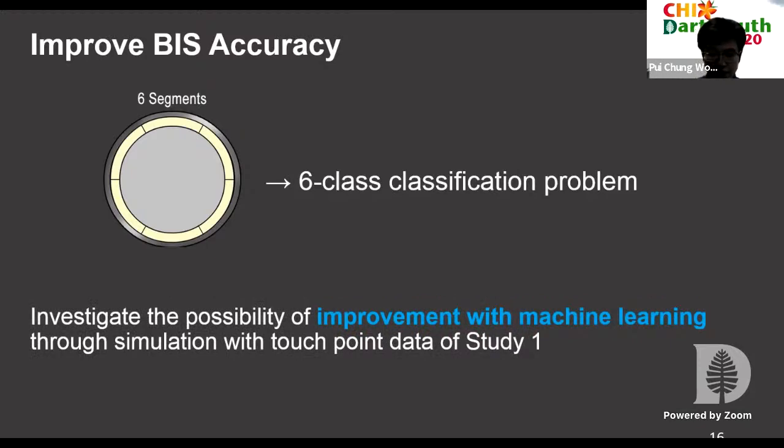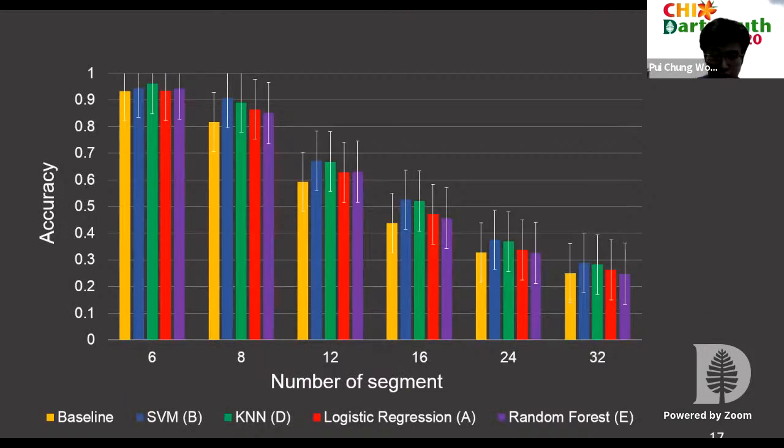We split the touch point data from study 1 into training and testing sets, and then trained different machine learning techniques, including SVM, KNN, logistic regression, random forest, and a baseline method, which refers to the method that determines the input segment only according to the start position.